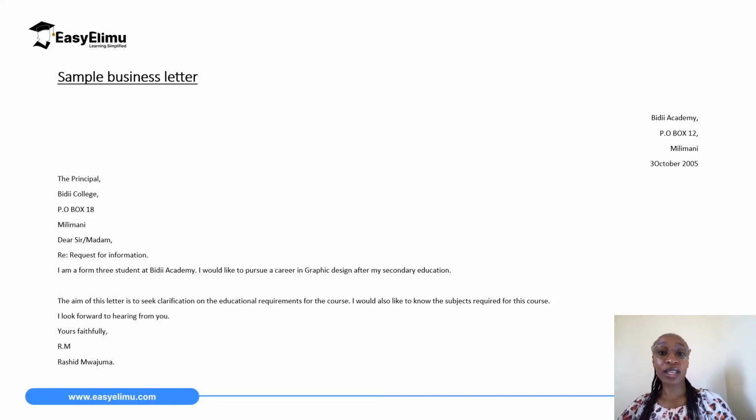When you look at the top right, you can see the address of the writer, BD Academy, PO Box 12, Milimani, and then the date, 3rd October 2005. When you look at the left side, you can see the recipient's address, the Principal, BD College, PO Box 18, Milimani.